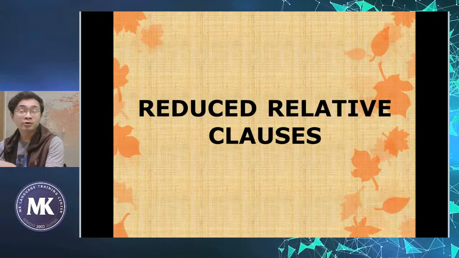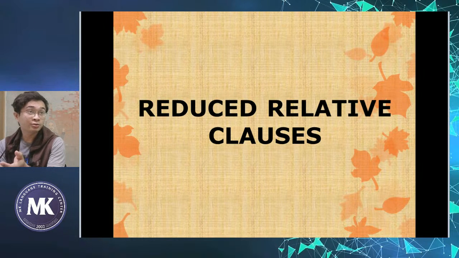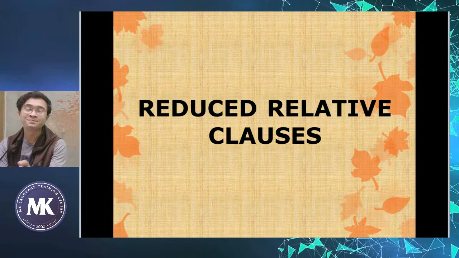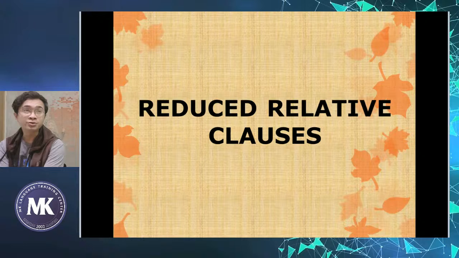Remember, relative clauses describe an object, or sometimes also a subject in a sentence. This time we will dwell more on how to reduce relative clauses in our sentences, and I think we're ready now.